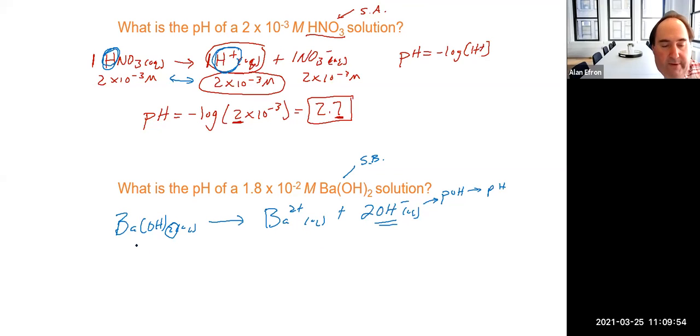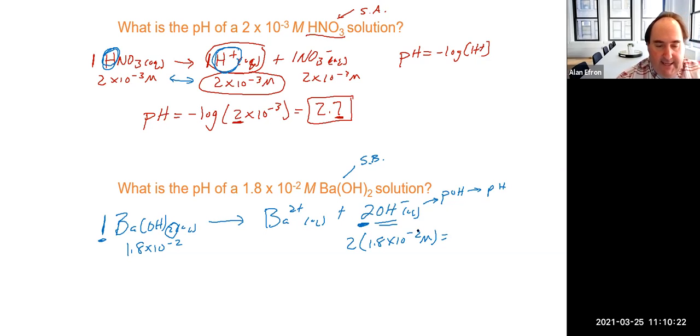So we kind of take the same approach. This is 1.8 times 10 to the minus 2. It is, though, in this case, a 1-to-2 relationship here between the whole thing and just the hydroxide, which means you actually do need to multiply the concentration by 2 to get the proper concentration for hydroxide in that solution, because there's basically twice as much hydroxide floating around.